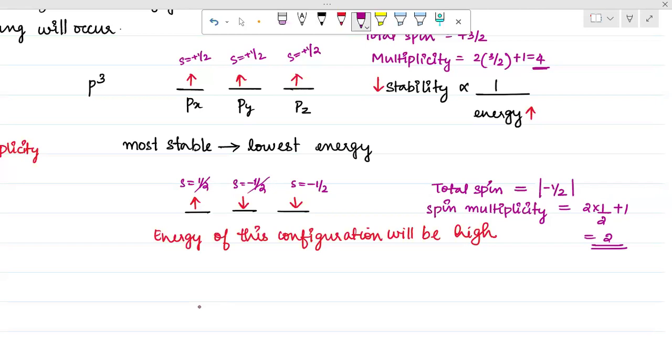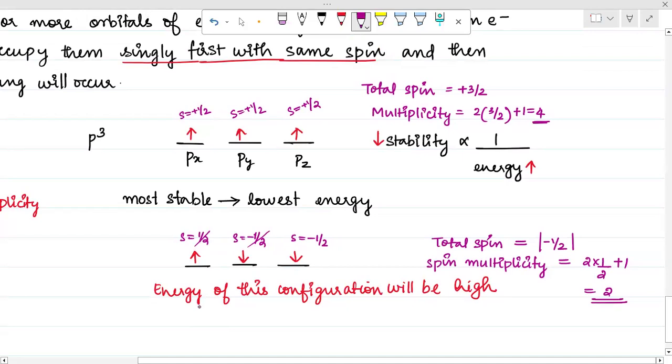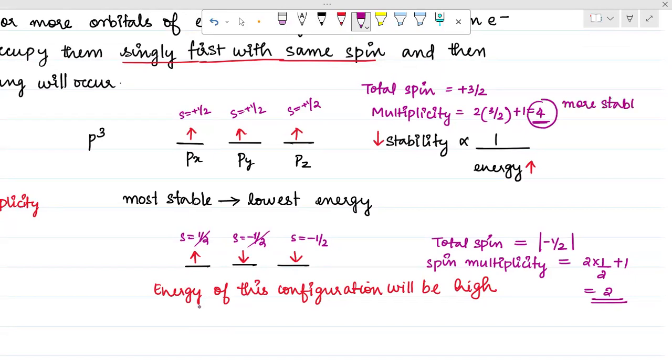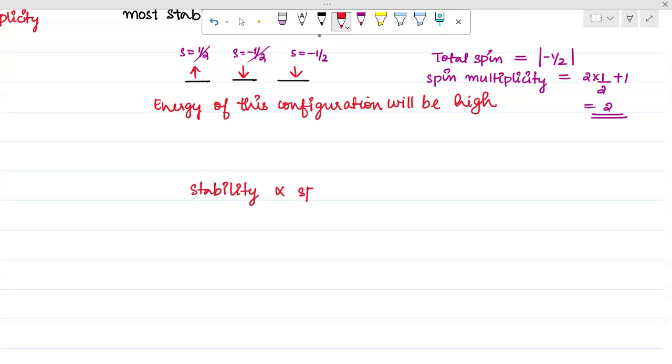The spin multiplicity is 2. So, according to the Pauli's exclusion principle, the system which has got higher multiplicity will be more stable. Or else, what I can say is stability is directly proportional to spin multiplicity.